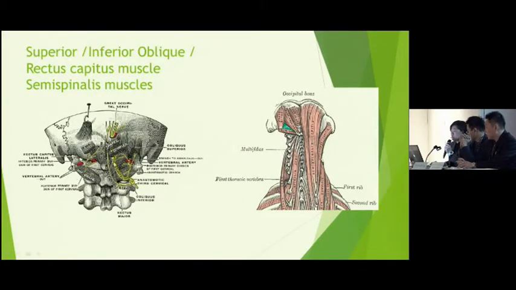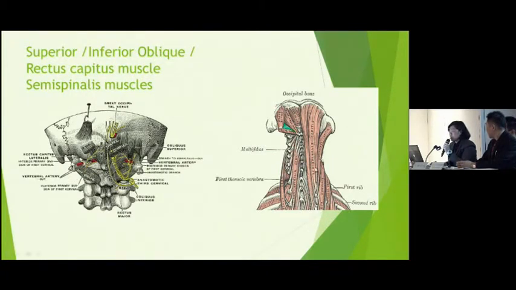And that's what we would like to see. The exit zone should be underneath the inferior oblique muscle. I'm going to show you soon, and you would also like to scan to see the musculature.